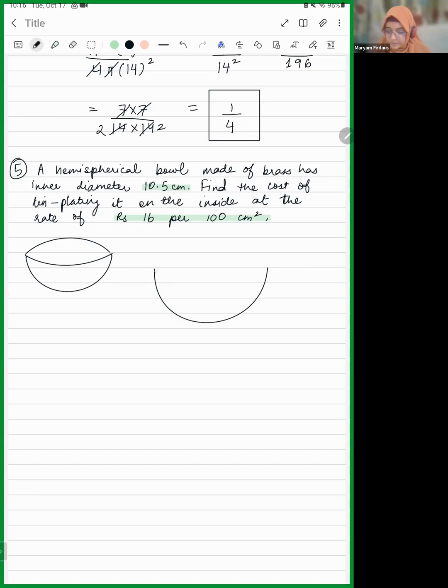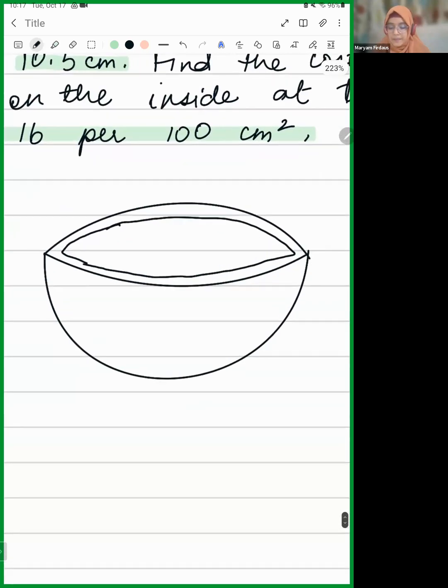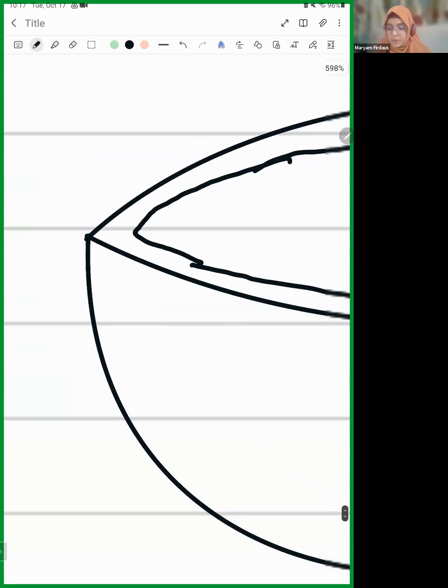There is a thickness of the bowl also. Not able to draw it properly here, but the bowl has some thickness as well, right? So this thickness is also going to have some measure.